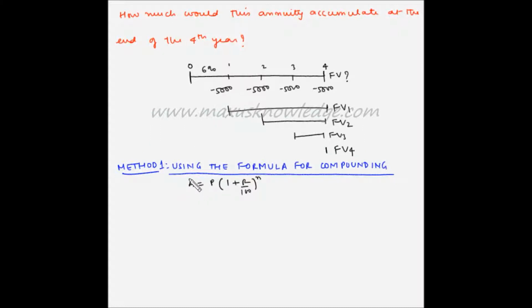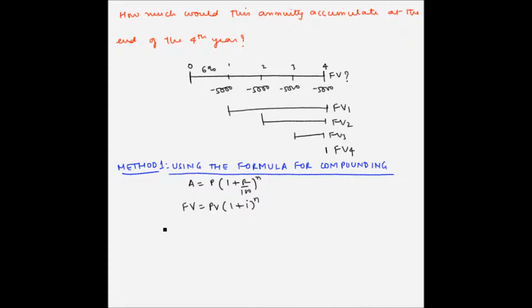So here A is the amount that you're receiving at the end of the tenure, which can also be noted as future value. P is the amount that is invested at the beginning of the tenure, which can be noted as present value. 1 + R/100 can be noted as I, and this is raised to the power n.